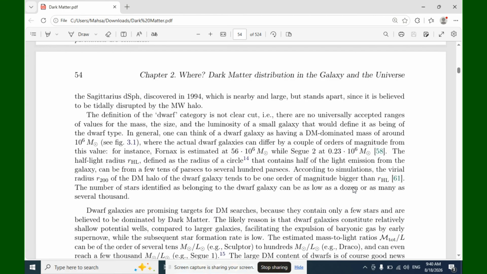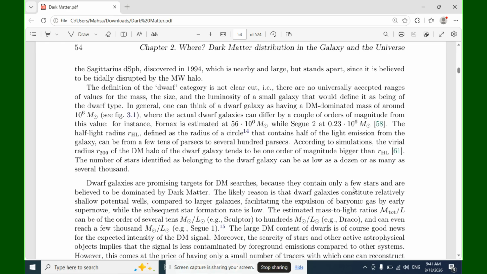The virial radius R200 of the dark matter halo of the dwarf galaxy tends to be one order of magnitude bigger than the half-light radius. Based on reference 61, the number of stars identified as belonging to the dwarf galaxy can be as low as a dozen or as many as several thousands.